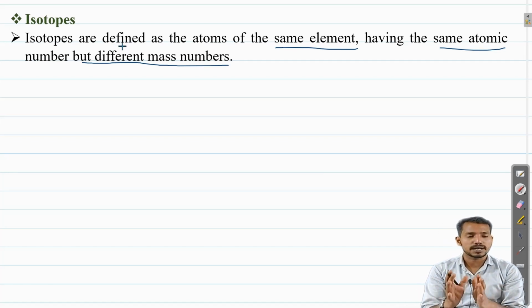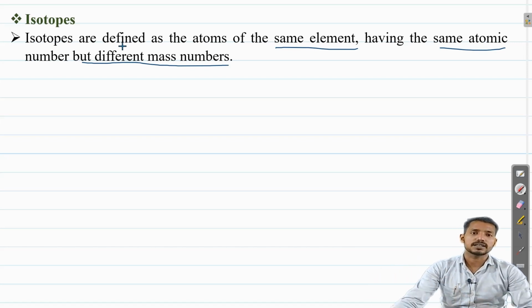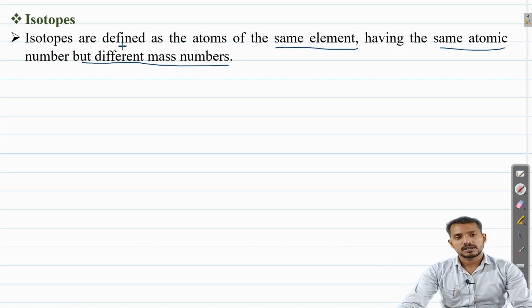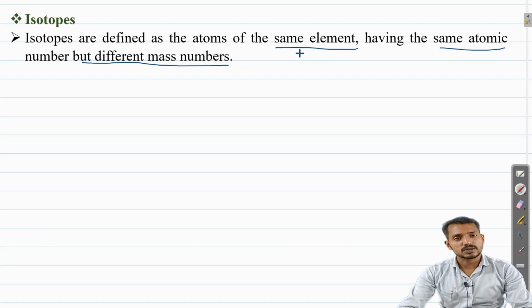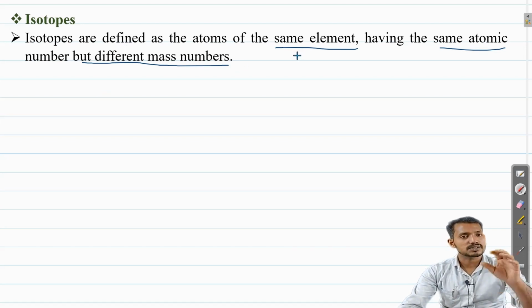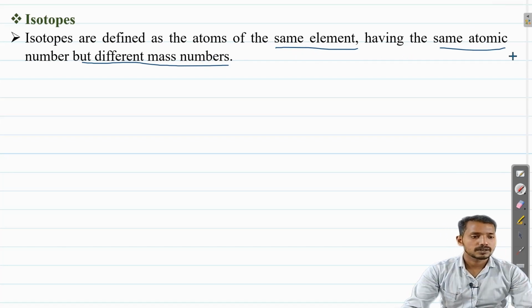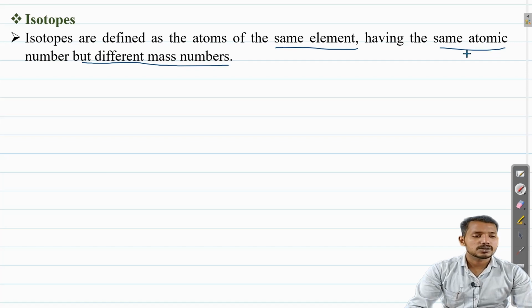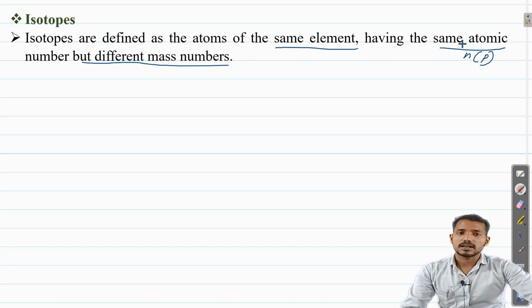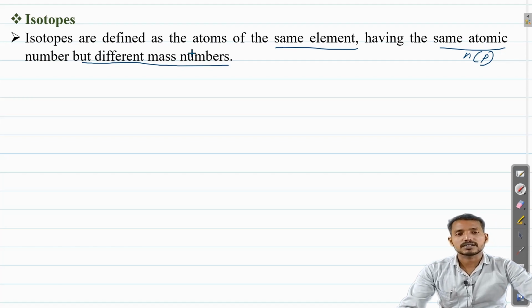Atomic number is the parameter which determines the chemical properties of that element. So isotopes are atoms which have the same atomic number, meaning they are atoms of the same element, but different mass numbers. Same atomic number means same number of protons.